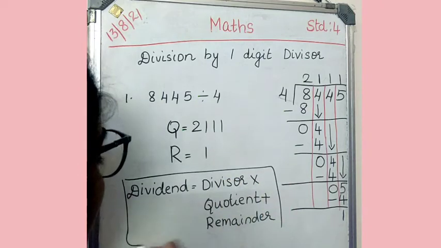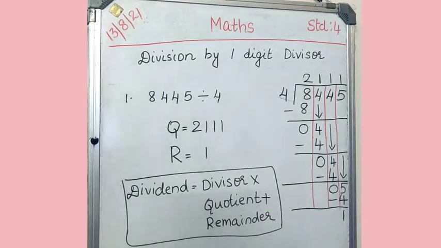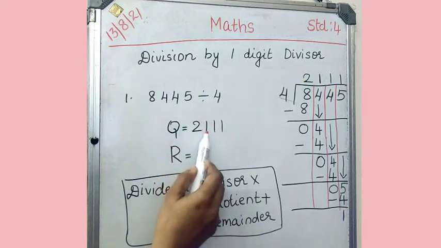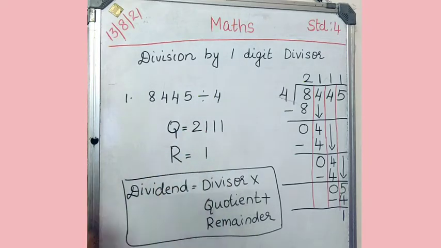This is our equation to check whether the answer is correct or not. Divisor means this one, into quotient, plus if you have any remainder, plus remainder.